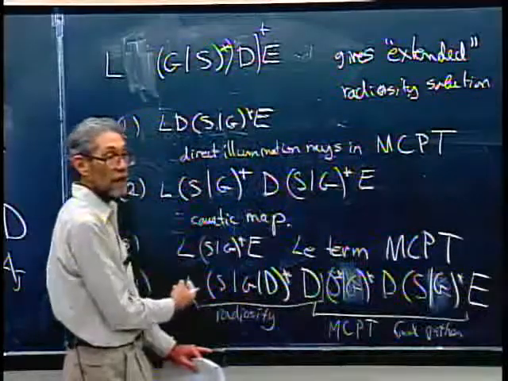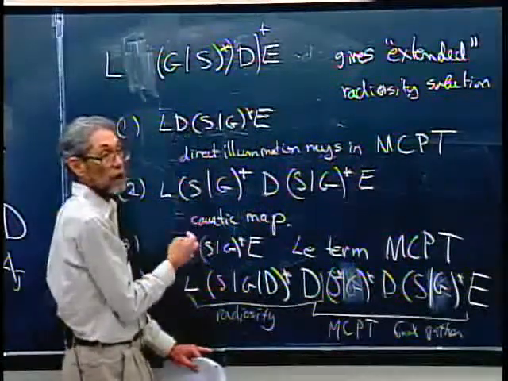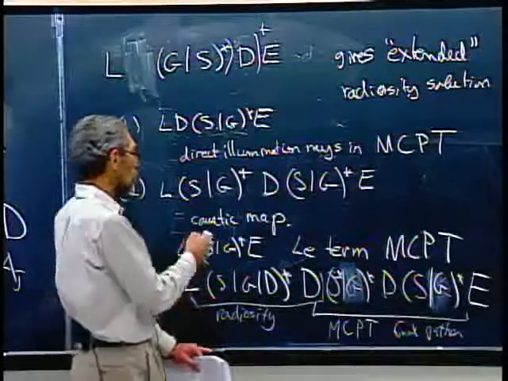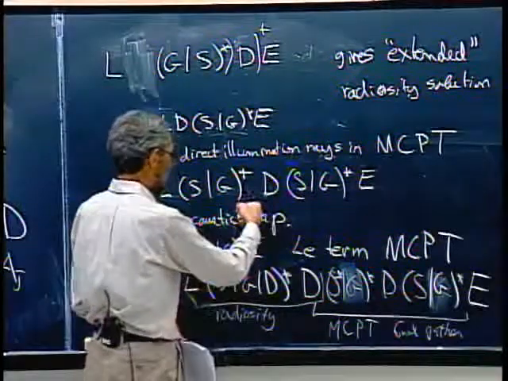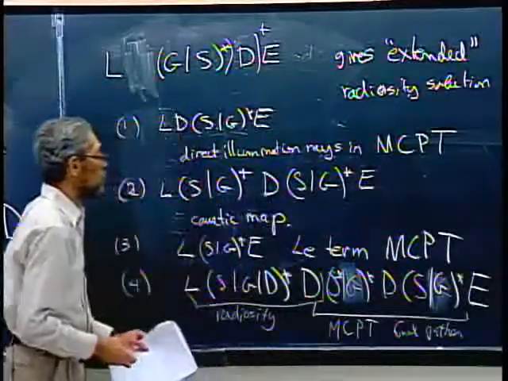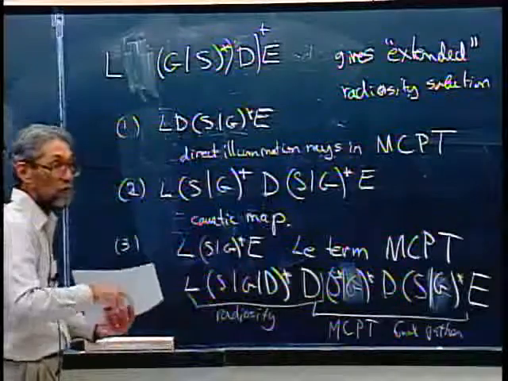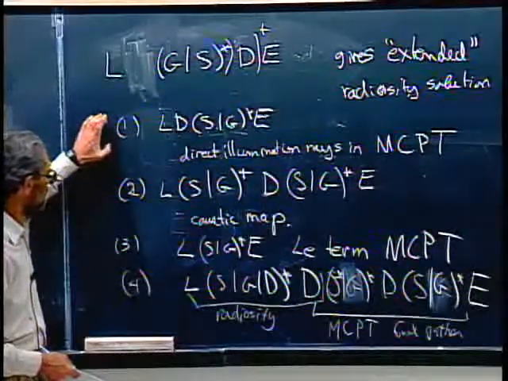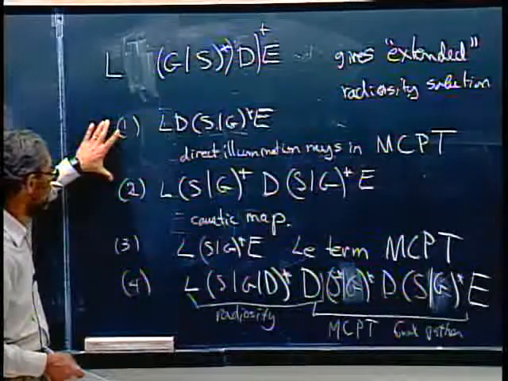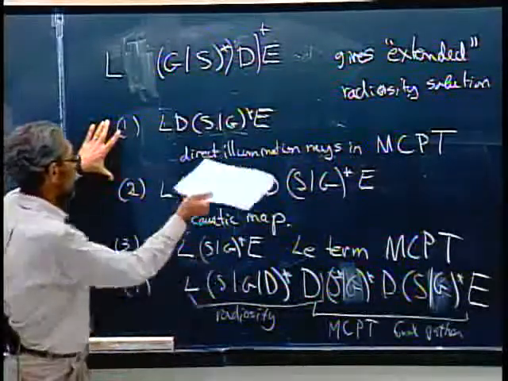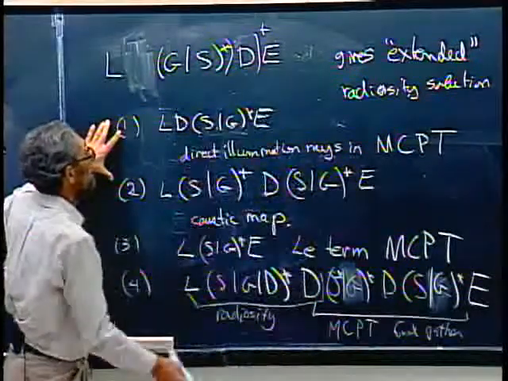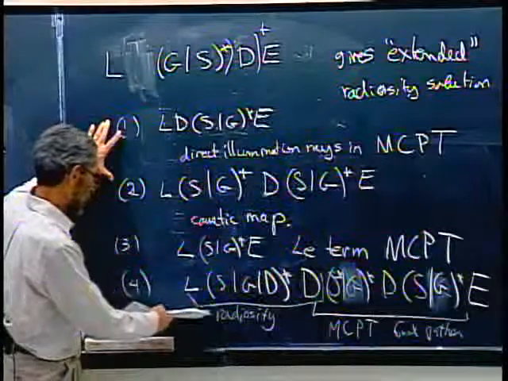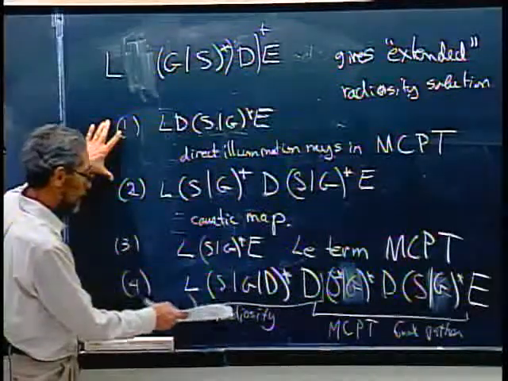And so we've got everything exactly once by looking at these 4 effects and adding them up together. So we're using the caustic map to get the caustics refracting, and we're using this one and this one. Then the caustic map and the direct illumination have everything with 1D. And this extended radiosity solution has everything else, but it's blocky.